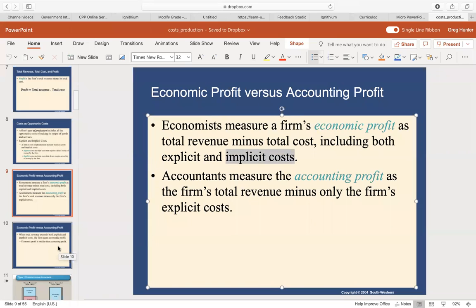There's this kind of warring definition of profit that economists have with accountants. Because accountants are interested in just tracking cash flows, accounting profit is measured as total revenue minus only the explicit costs. Remember, the implicit costs don't generate any cash flows for the firm.